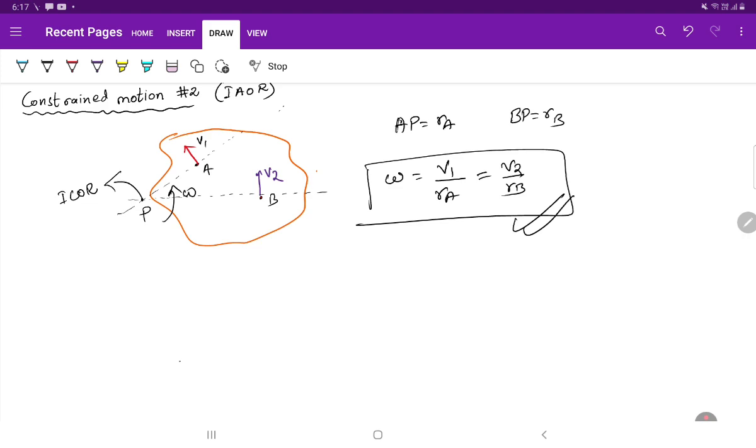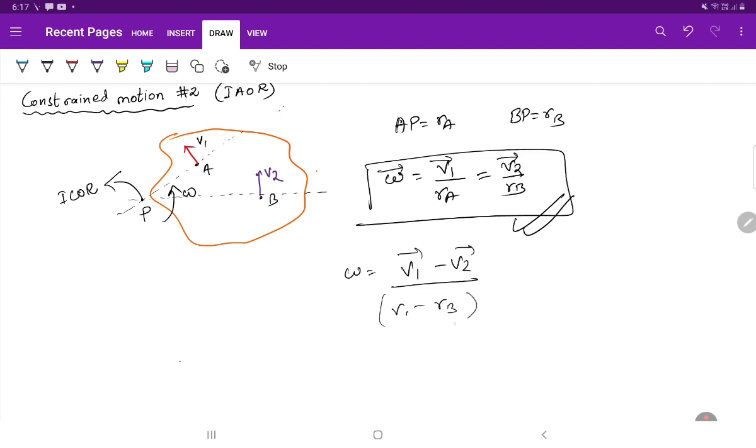Okay. Now observe that if you try to write this in another form, you'll say that omega can be written as V1 vector minus V2 vector. We write it in vector notation. Omega is basically a vector itself. So basically omega can be written as V1 vector minus V2 vector by RA minus RB.